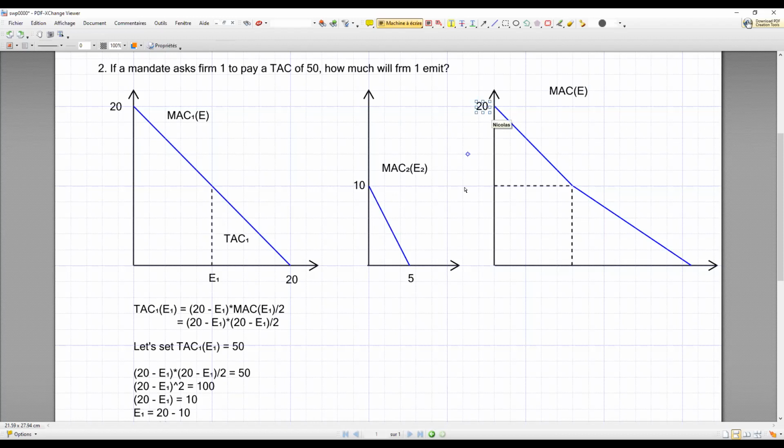That firm has already abated everything, and it's just that firm that's struggling, and the highest cost they can pay to abate the last unit is 20. What would be this number here? 25. So if I ask nobody to abate anything, then that firm emits 20, that firm emits 5. So in total, they emit 25.